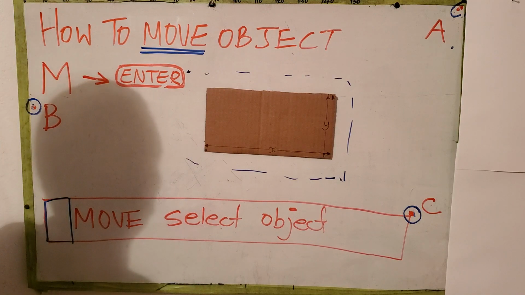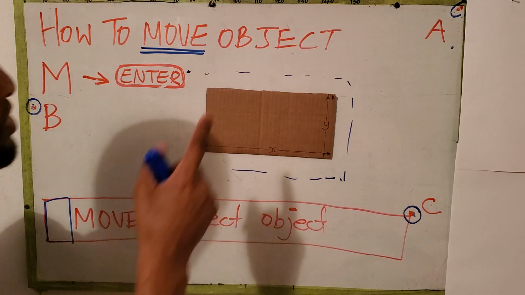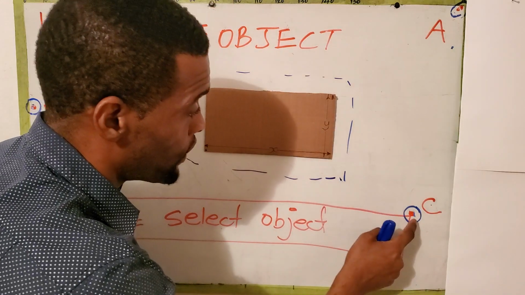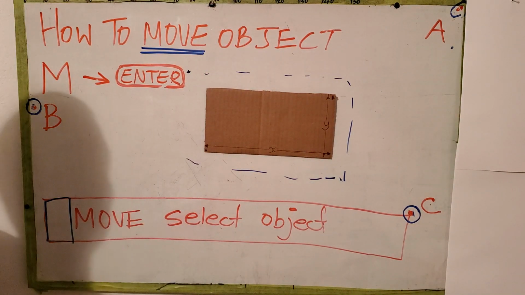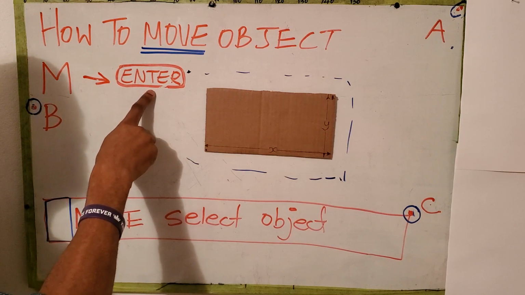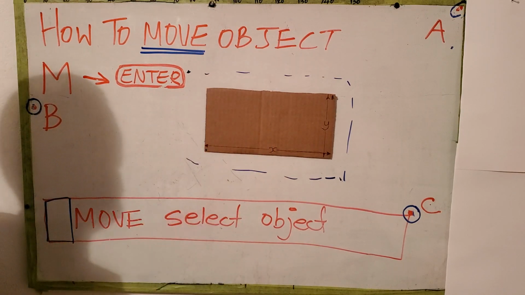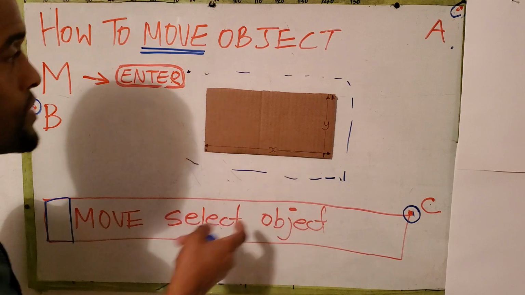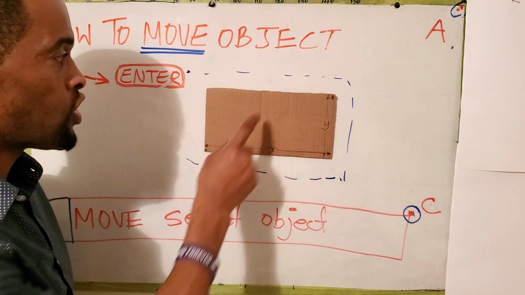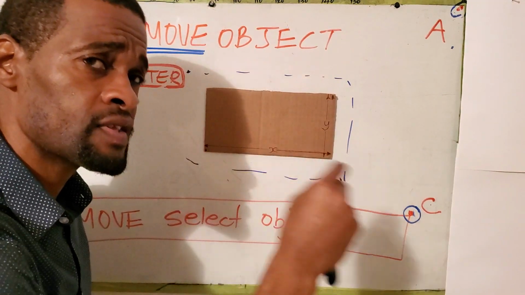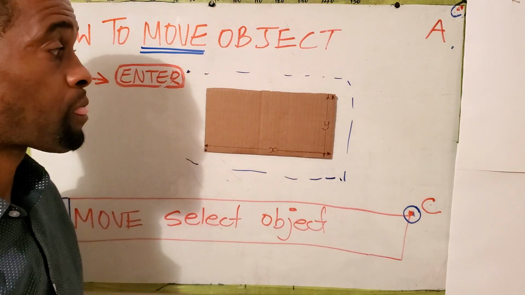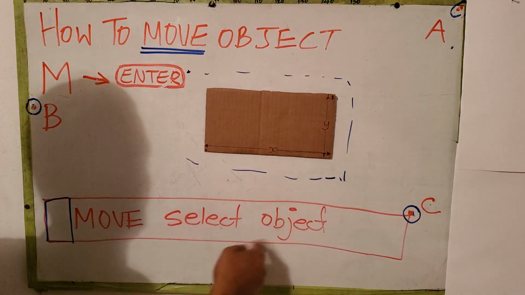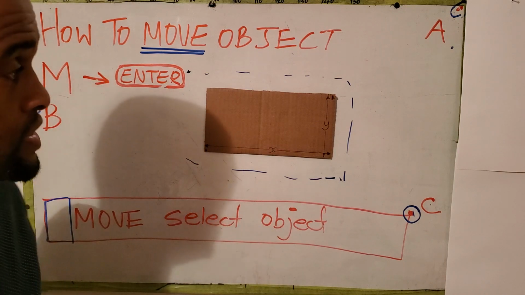All right. Say for example, I wish to move this object to this point C here. Again, I'll go to M, enter key, click object, then my enter key to accept the object that I intend to select. It will then ask me to specify the base point.